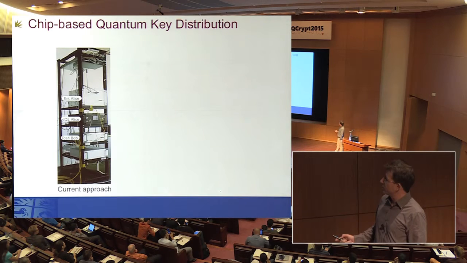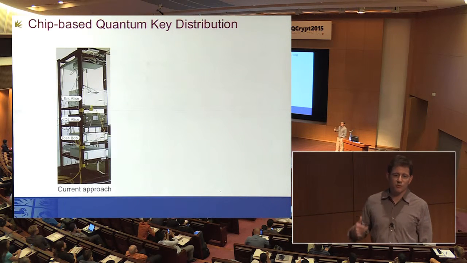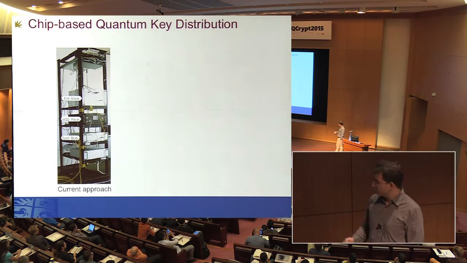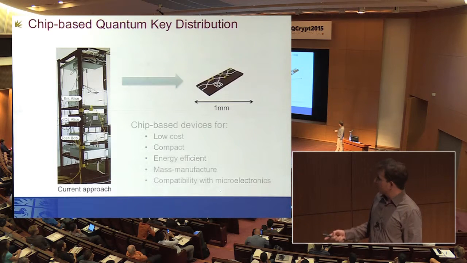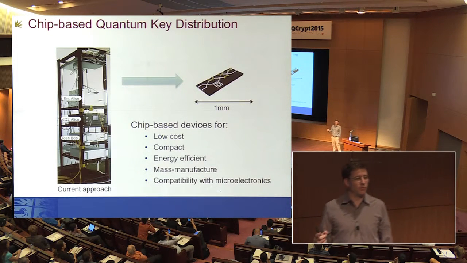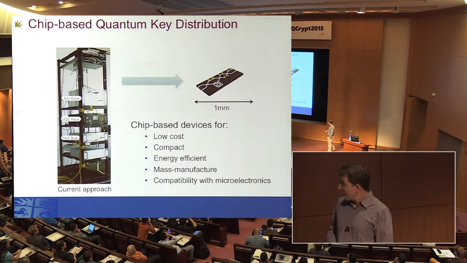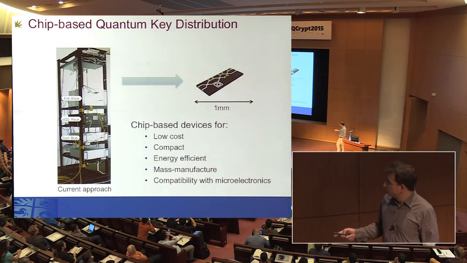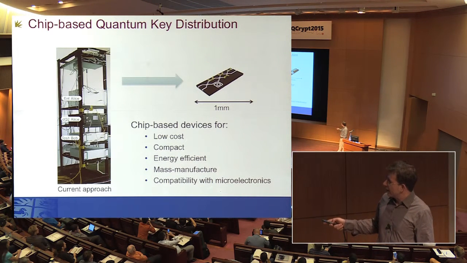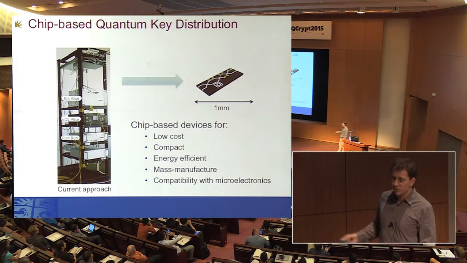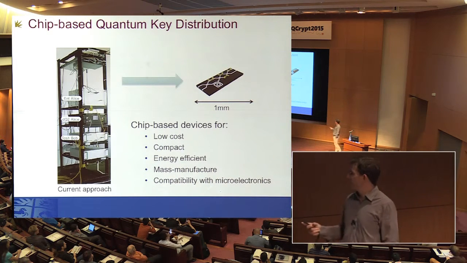And the strategy here is, can we use the same approaches, the same photonic engineering integrated circuit principles to allow us to crunch all of the optics down to millimeter-sized chips. And the reasons for that are because, well, it's compact, it's low cost, it's energy efficient, lends itself to mass manufacturing techniques.